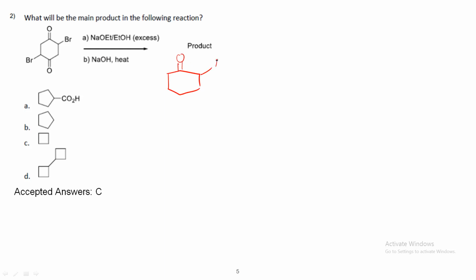So this kind of species is there. Now when you treat with this sodium ethoxide, these particular protons are acidic, so one of them can be abstracted by this kind of base, which would generate this kind of enolate.